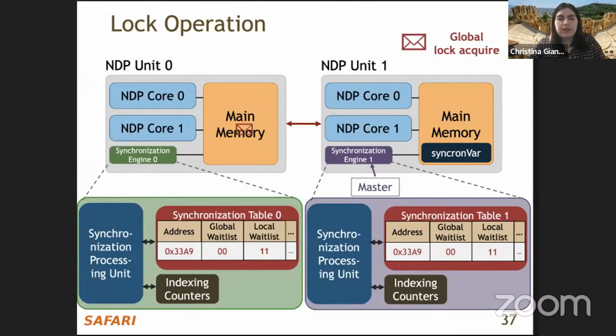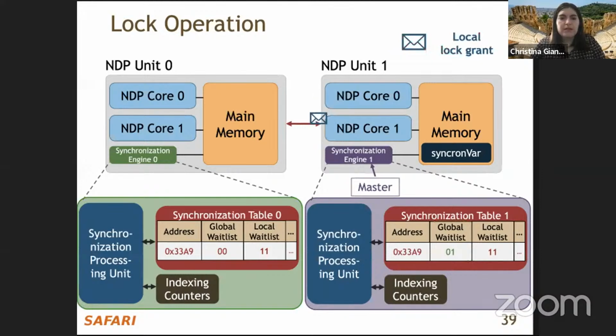Then the local synchronization engine sends a message to the master synchronization engine to globally request the specific lock variable. The master synchronization engine updates the global waiting list accordingly by setting the corresponding bit to indicate that the local synchronization engine of another NDP unit has requested the specific lock variable.